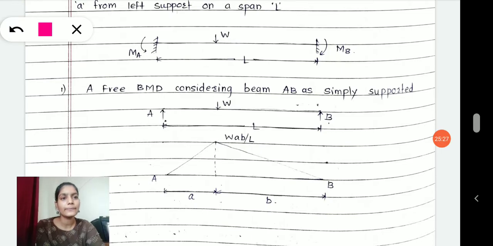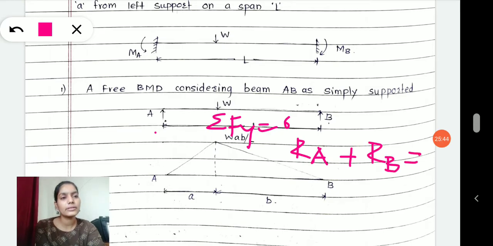Let's see that. I am trying to calculate the bending moment at the concentrated load. Reaction will be RA. If I take summation Fy equals to 0, RA plus RB equals W. Now summation of moment at B I am taking 0.